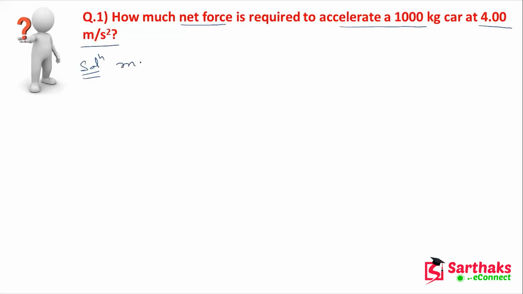The mass of the car, denoted by M, is 1000 kg, and the acceleration, denoted by A, is 4 meter per second square. We have to find the force.